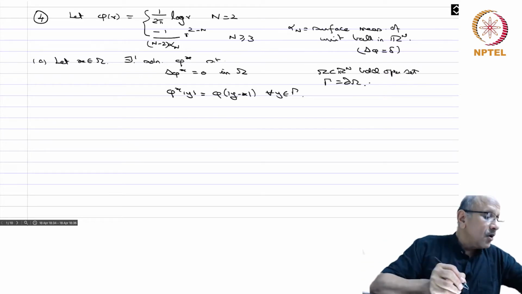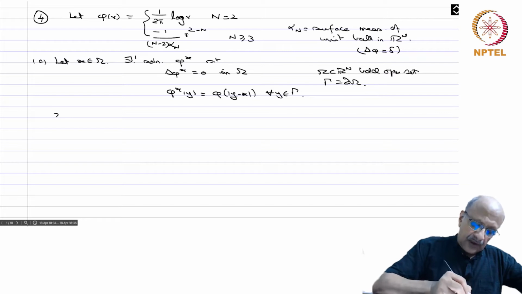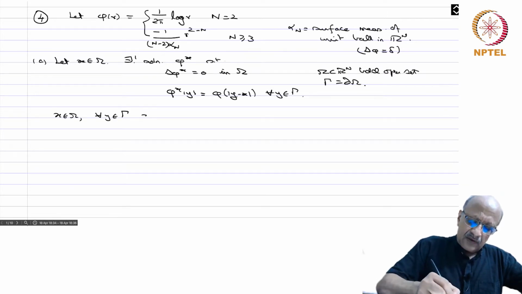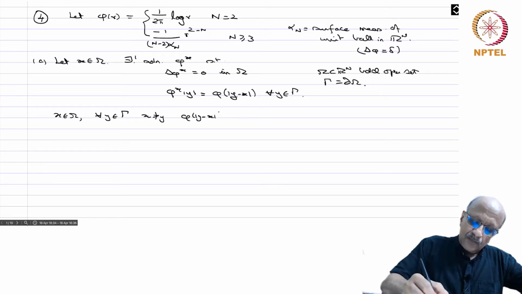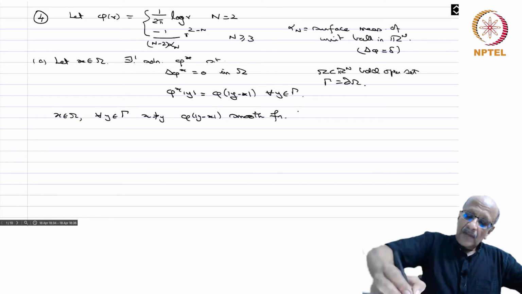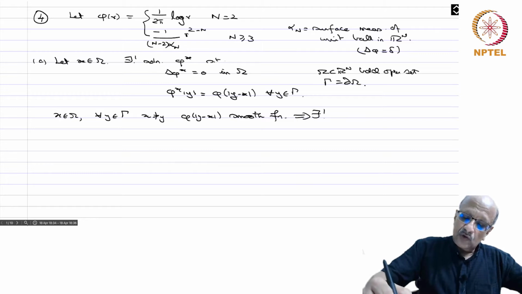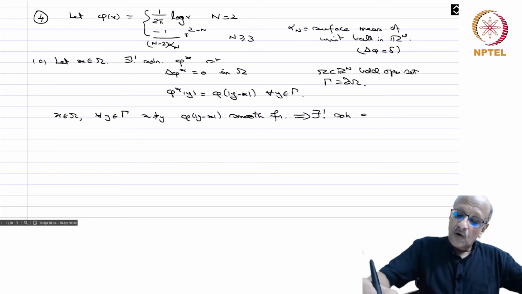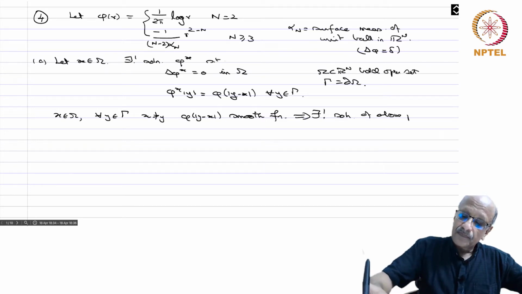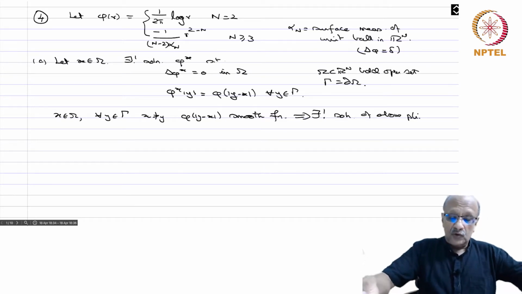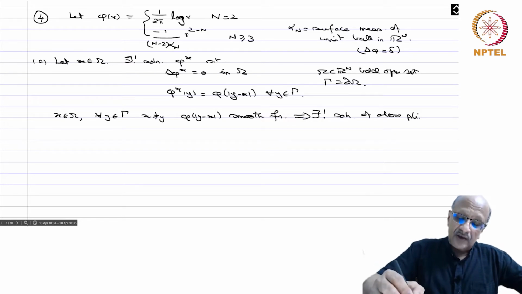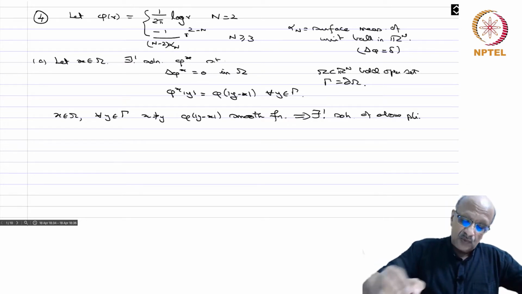So now, if x is in omega, then for every y in gamma we have x is not equal to y. So phi of mod y minus x is a smooth function, which implies there exists a unique solution of the above problem. Unique weak solution, and then if omega is smooth, it will also be a smooth solution.